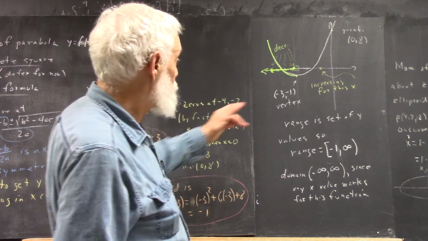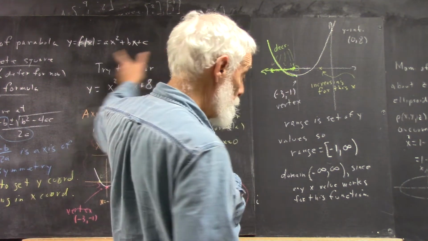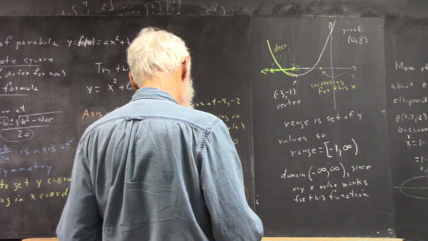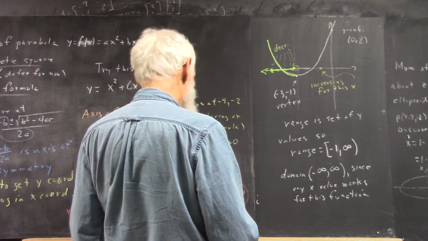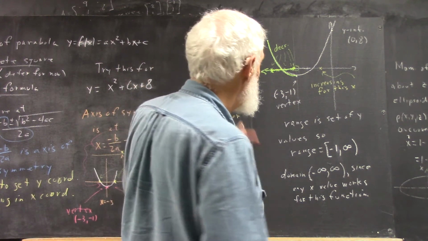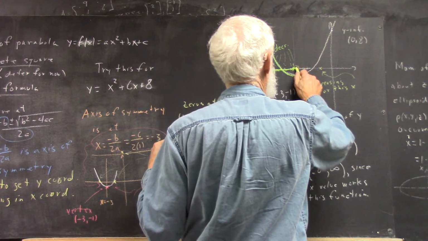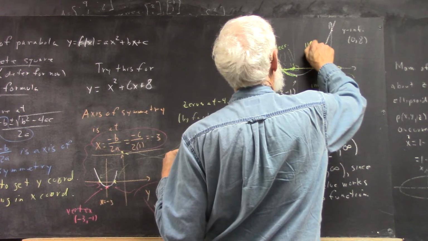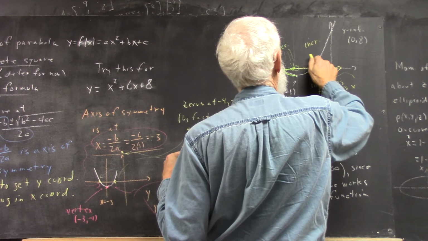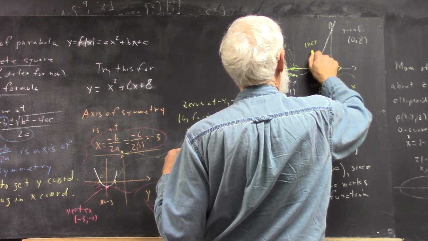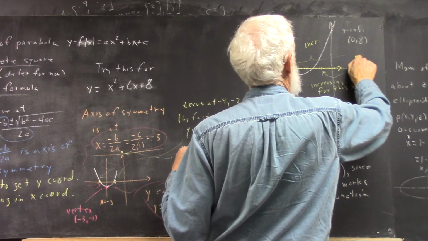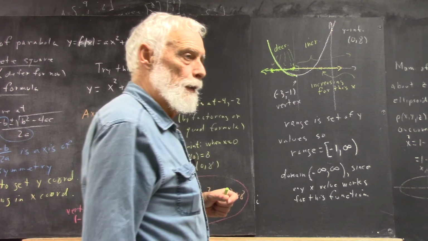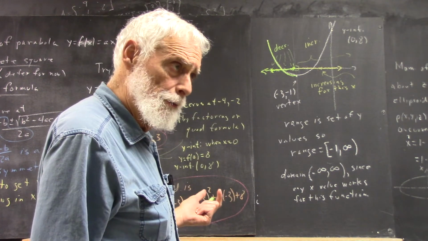Function's clearly going to be decreasing all the way to the left of the axis of symmetry, and increasing, if I can find my yellow chalk, all the way to the right. Okay? Make sense? Mm-hmm.